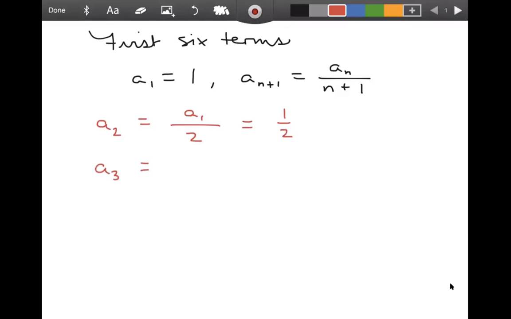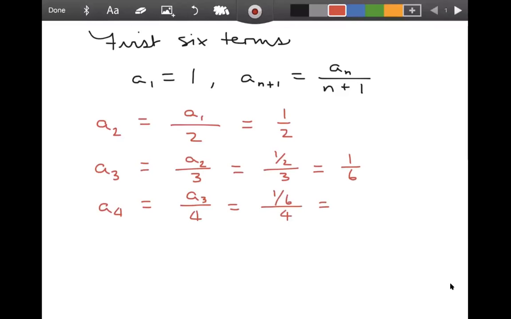a3 is going to be a2 divided by 3. 1/2 divided by 3 is 1/6. And I think a pattern is about to emerge from this. a4 would be a3 divided by 4. a3 is 1/6. When you divide 1/6 by 4, you get 1/24.